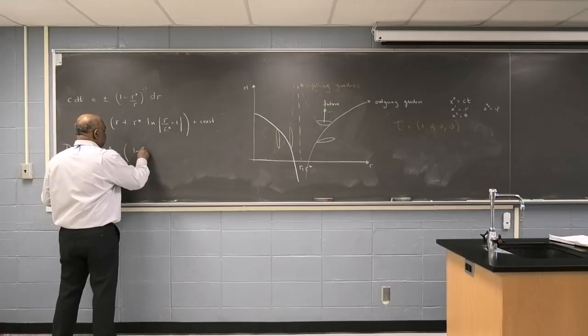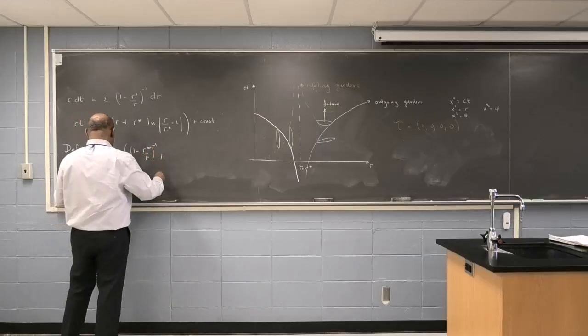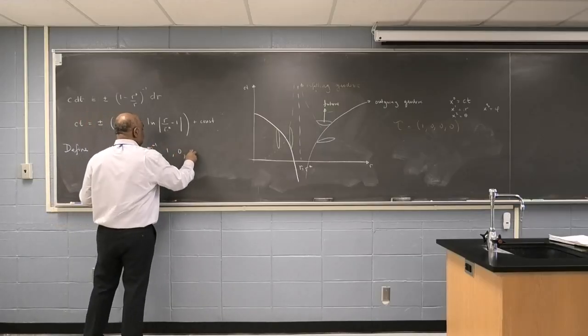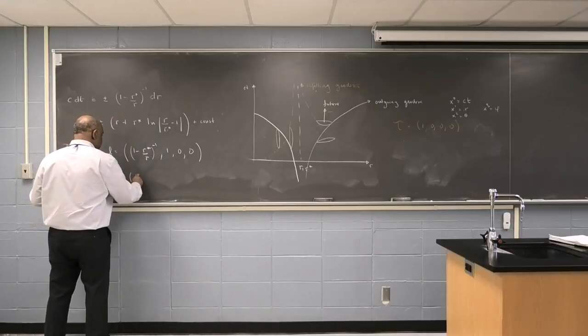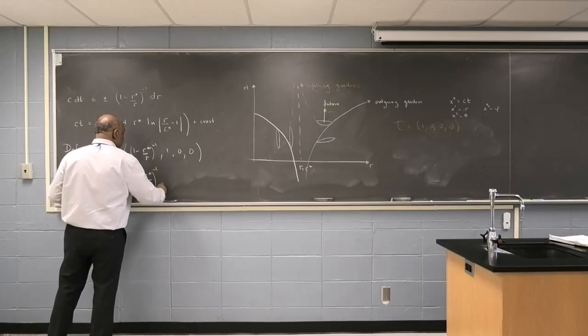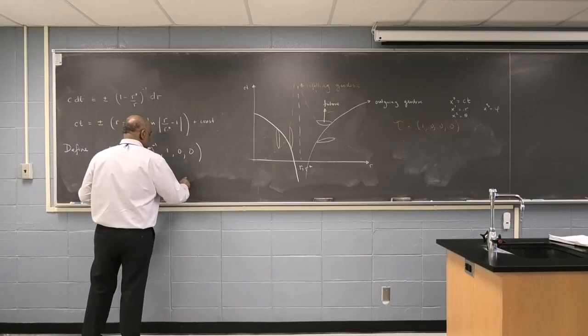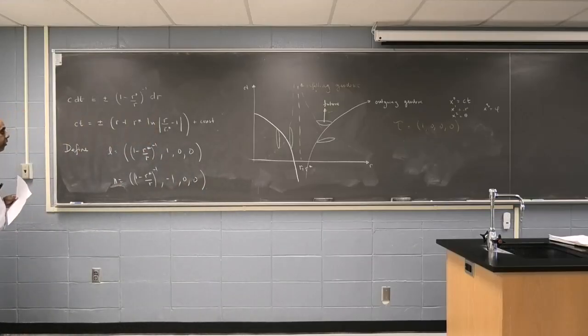It is 1 minus r star over r inverse, 1, 0, 0. And N equals 1 minus r star over r inverse, minus 1, 0, 0. Any idea where these two vector fields are coming from? Let me explain.